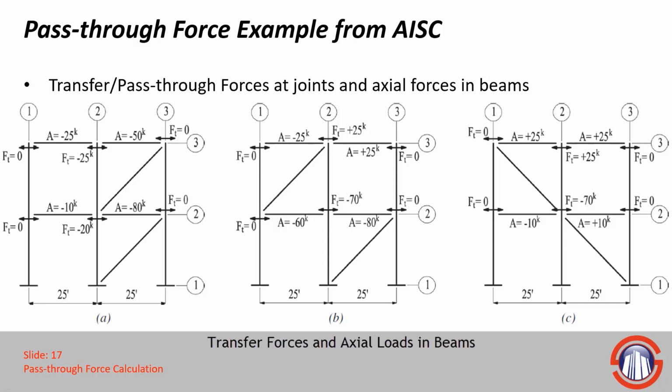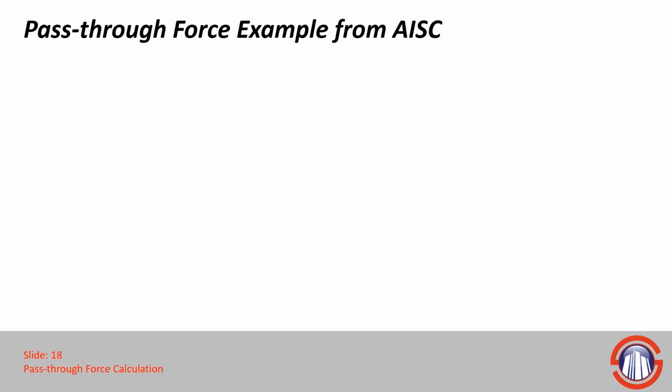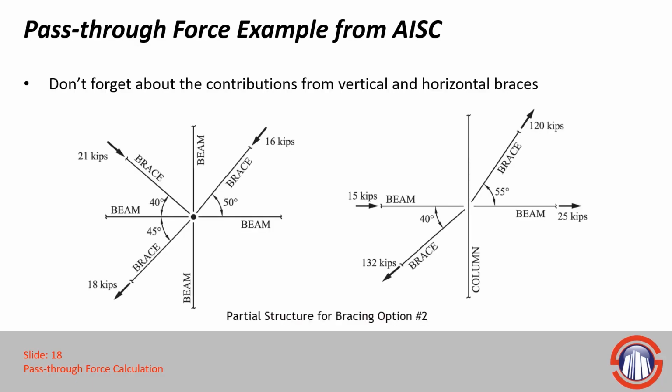So I'm going to use S-Frame and use the member pass ID method to try to come up with something similar. Now, just a reminder, this is a 3D structure, and we do get contributions from both the vertical and horizontal bracing. So just looking at option number 2 here as an example, we're looking at, I guess, different orientations. So this is the beam.